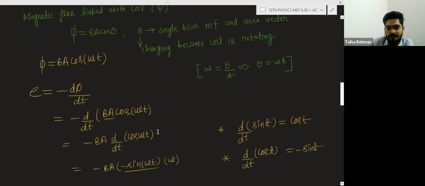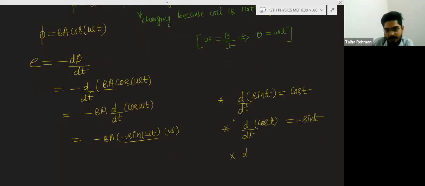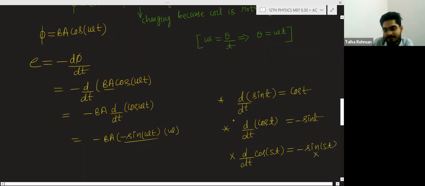Suppose you have d/dt of cos 5t. First you will differentiate the cos, so this will become minus sin of 5t, and this 5 will be multiplied by this. So this will be the differentiation.